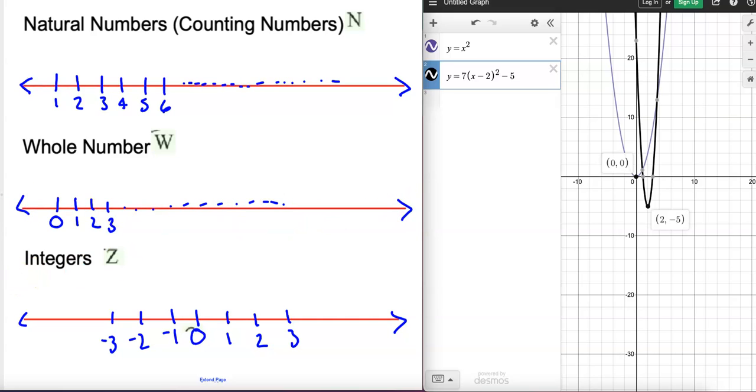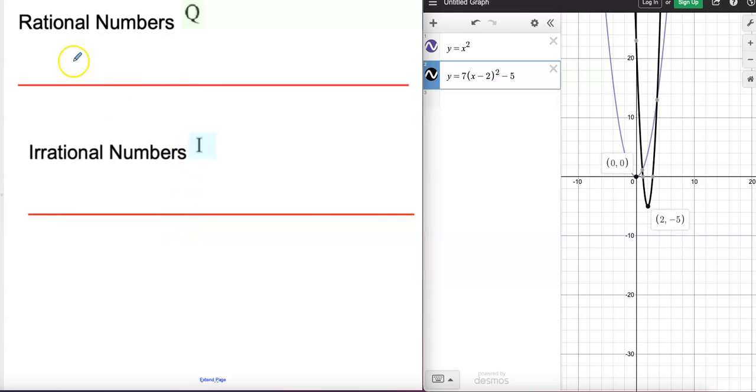Okay, and then we have what we call rational numbers, and rational numbers are numbers that can be written as a fraction. So I'm going to put 0, 1, 2, so I'm going to call this -2, -1, and I'm going to call this +1 and +2. So then we had to introduce, well, what happens if I don't have a whole dollar, or if I don't have a whole $2?